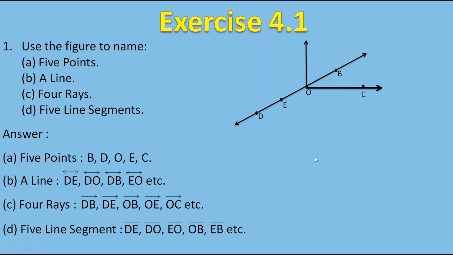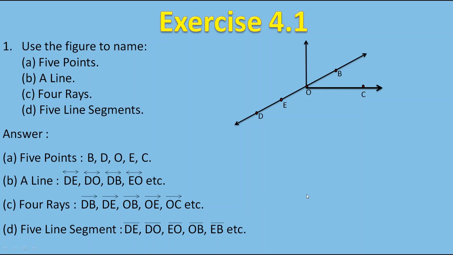Just remember while naming: when you write the name for a line, you have to draw this type of figure. For rays, you have to draw this type of figure over the name. And while writing the name for a line segment, you have to draw this type of figure.